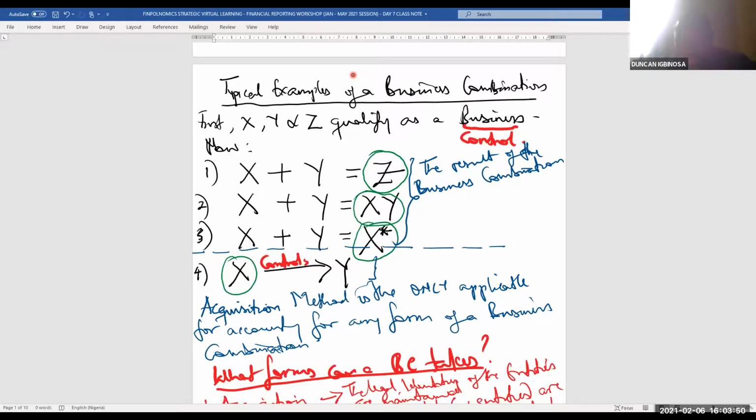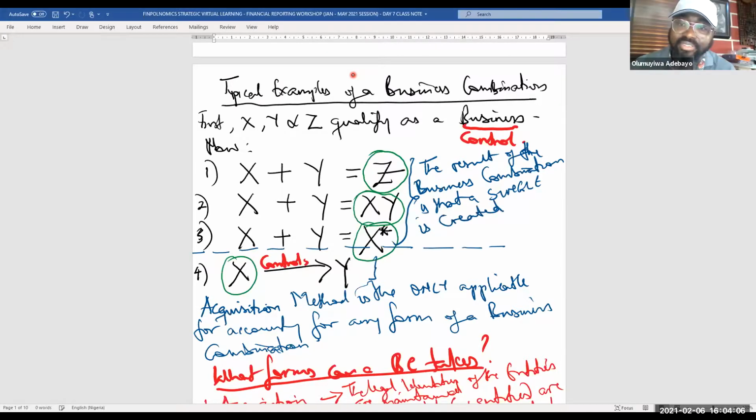If I can deduce what you have said, it is that the outcome of the business combination is that a single entity is created. What it simply means is that only one entity comes out of that combination at any point in time.